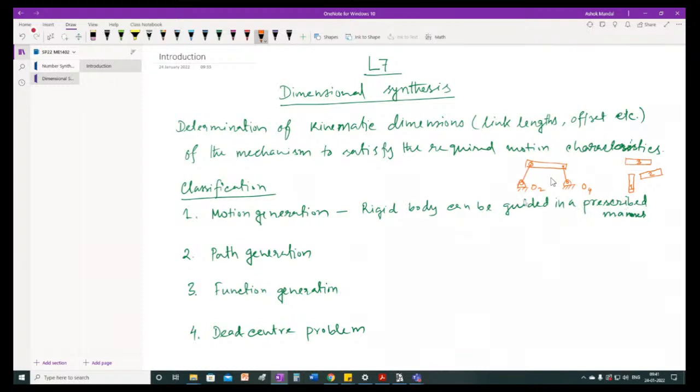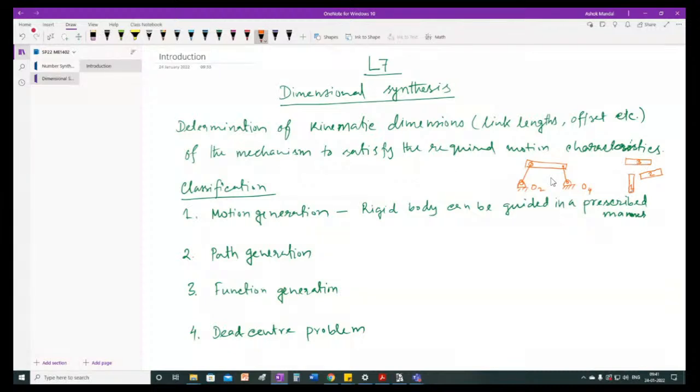In this case, what is specified is this position, this position, this position, and this position. The guided rigid body is the coupler here, and its motion is prescribed this way.